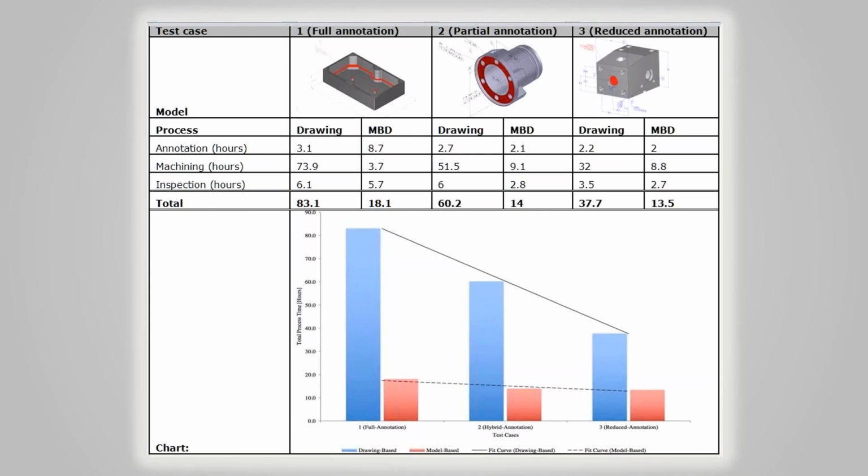Where you're really saving your time is communicating with the machinist on the shop floor, right? For example, for this part, they went from 73 hours to 3.7 hours. That's huge. Now, at the end of this webcast, I'm going to put the link of that study in the chat box. So if you're interested, you can go read about it and see in more detail what the study was all about.